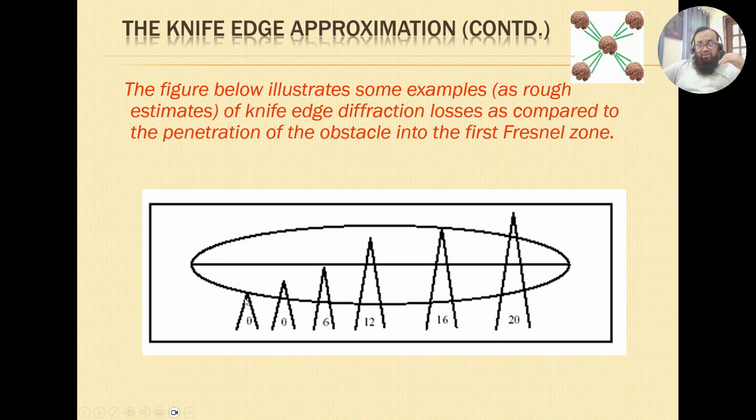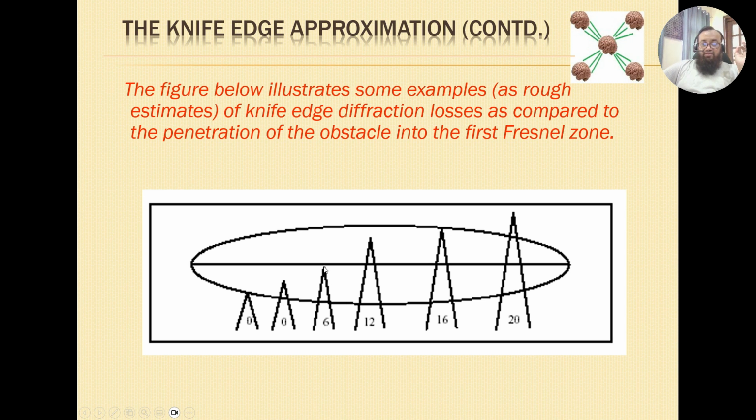Just assume that if a knife edge is out of the Fresnel zone, almost touching, or a bit inside half of the lower Fresnel zone, then you can still approximate that it will not be any problem. It will be almost like zero loss because of this knife edge.